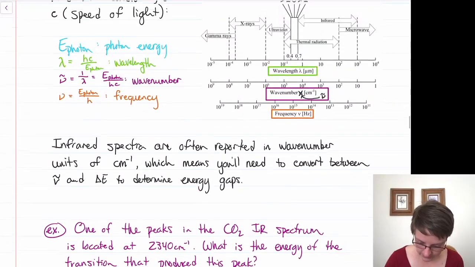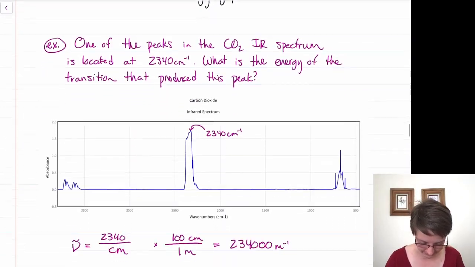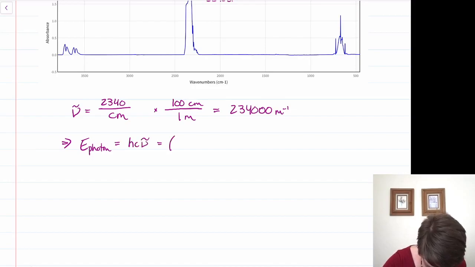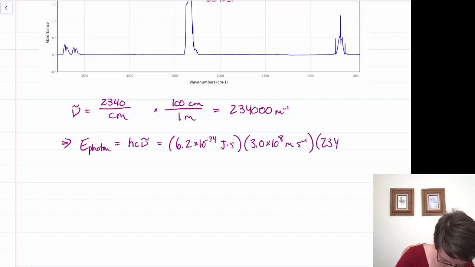Converting this to our energy of a photon, in order to isolate the photon by itself, we take the wave number times Planck's constant times the speed of light, in meters per second, and 234,000 inverse meters.